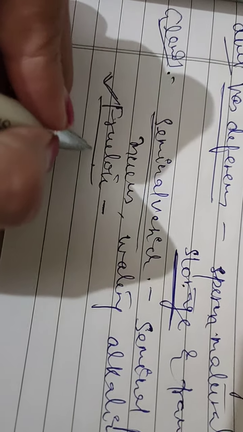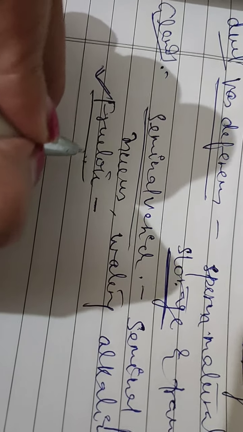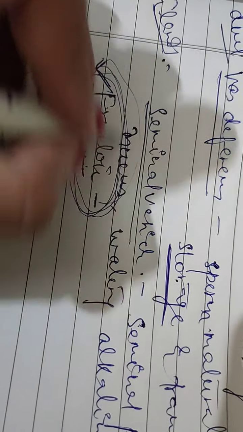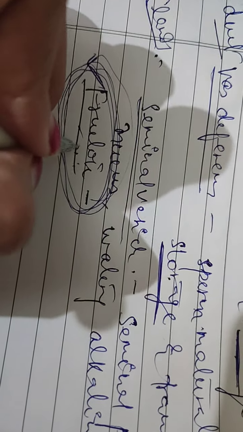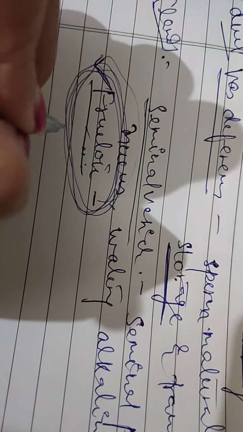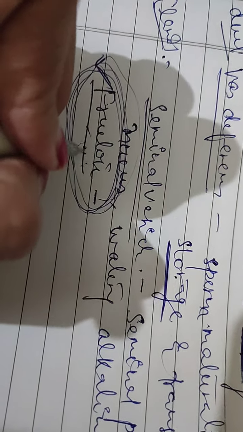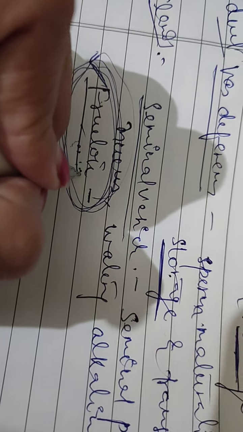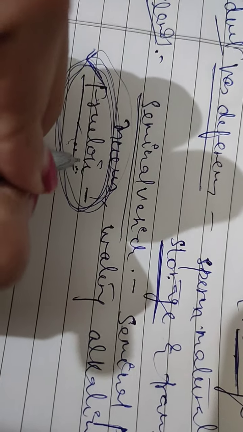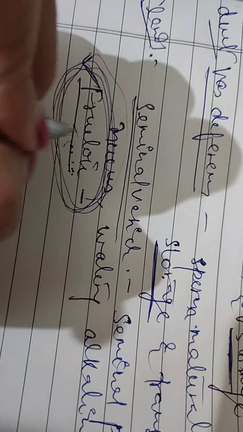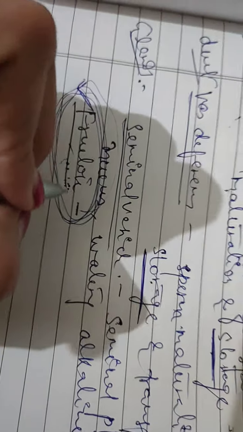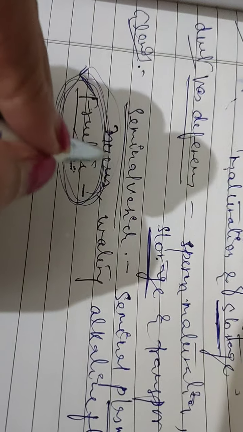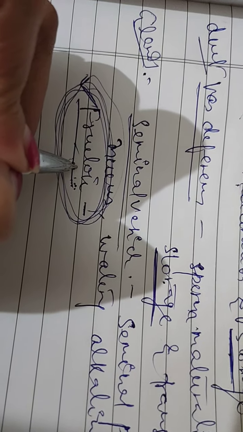This fructose provides energy to the sperm, and this fructose is not present anywhere else in the body of male. So for testing of rape, this is a very important factor, the presence of fructose at the victim's genital part. So this fructose is secreted by seminal vesicles.